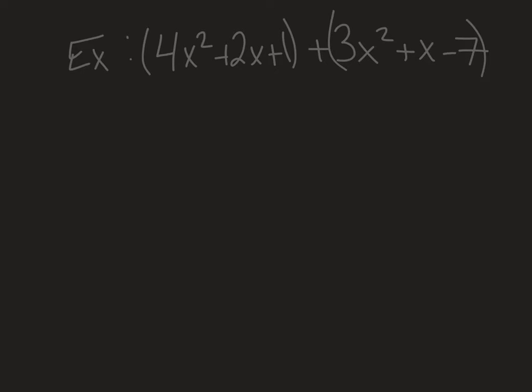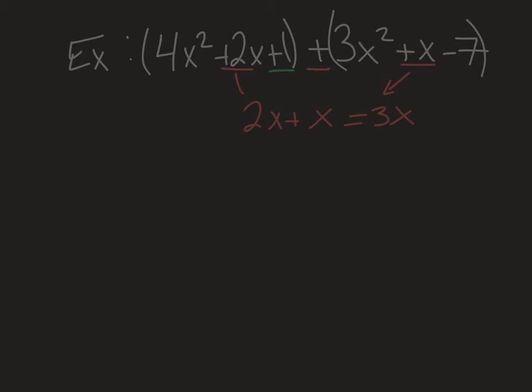Very similar to what we've seen before, we can only combine like terms with addition and subtraction. So, let's ignore the x squareds for a second. If I look at just the x terms, grand total, I know I have 2x plus another 1x, which we know to be 3x.